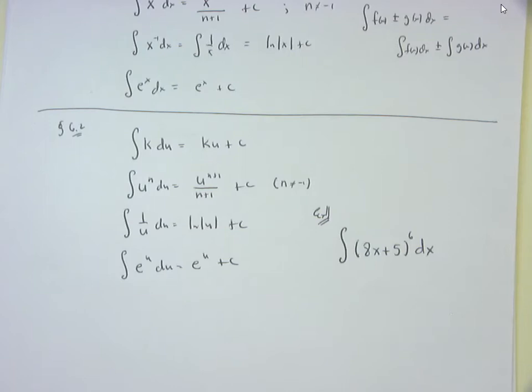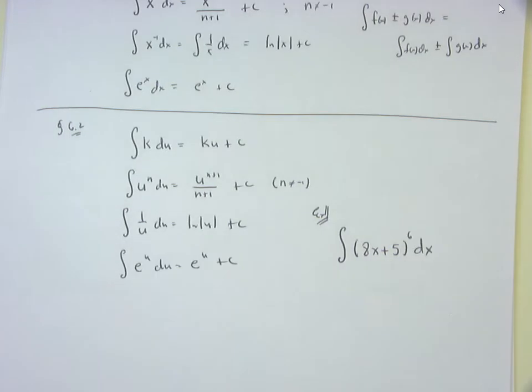I don't have the integral of 8x plus 5 to the 6th power dx memorized. Well, no, you don't. But here's the deal. With the appropriate u-substitution, we can turn problems that look like product, quotient, and chain rule type functions into one of these four formulas.